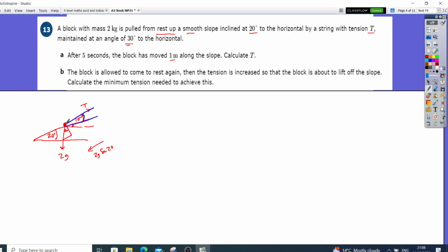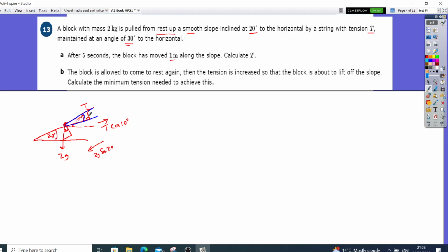And we know that this is being pulled. Because we are working in line with this slope, we'll draw a right angle to here. It's being pulled upwards along the slope by the tension T, and that's T cos 10 degrees.